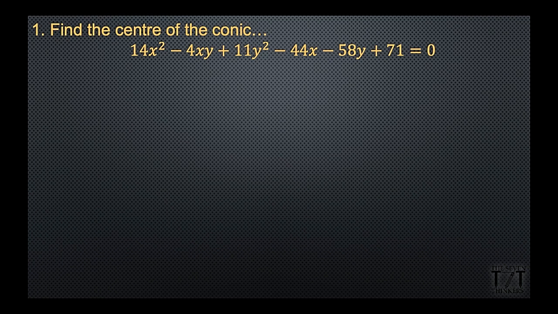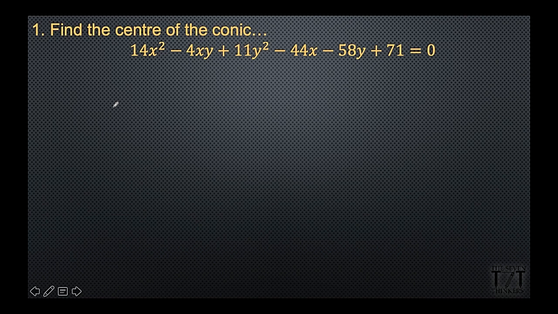So the question says find the center of the conic. And the equation is given: 14x square minus 4xy plus 11y square minus 44x minus 58y plus 71 is equal to 0.